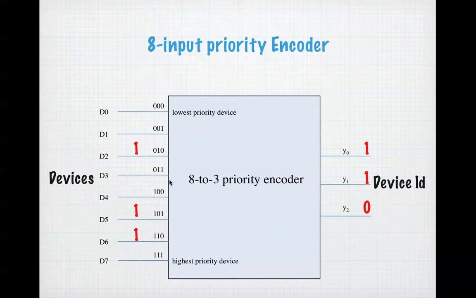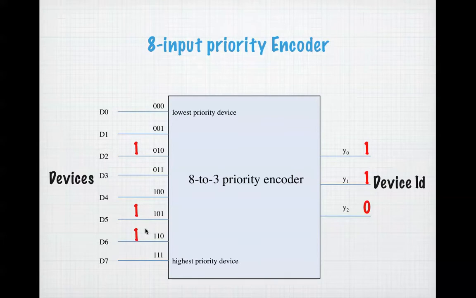In this case, these 1 entries in these device positions result in a device ID of 110, simply matching the ID or the priority of the device that has the highest priority among all the devices that made a request for service.